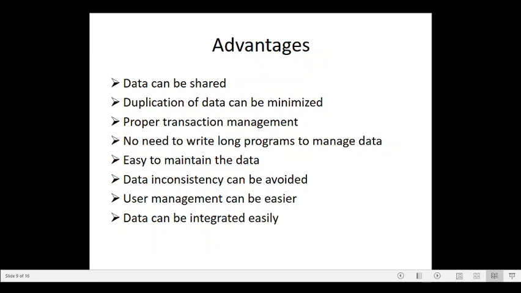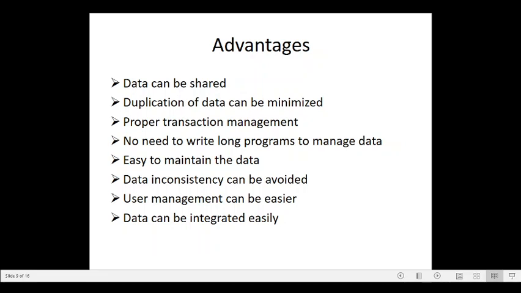For providing the user rights and authorization checks, the DBMS can control and restrict the user. And database management data can be integrated very easily. Change in one data is reflected automatically in the other related files.